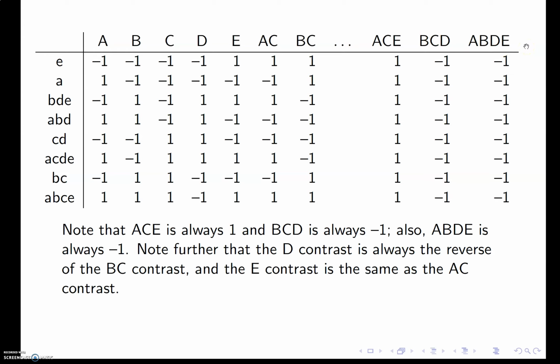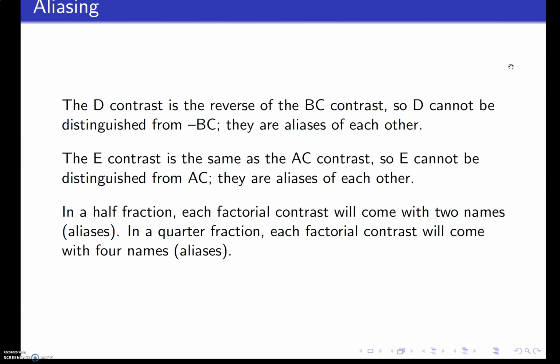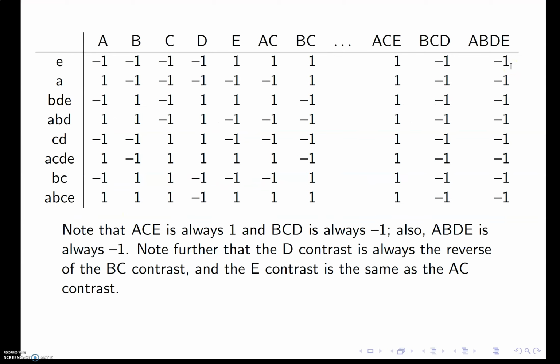And so notice all of these coefficients are -1. So this completely eliminates the A, B, D, E, because that's our generalized interaction based upon our two defining contrasts, A, C, E, B, C, D. Okay, so that A, B, D, E is always -1. Also take a look at D and BC.